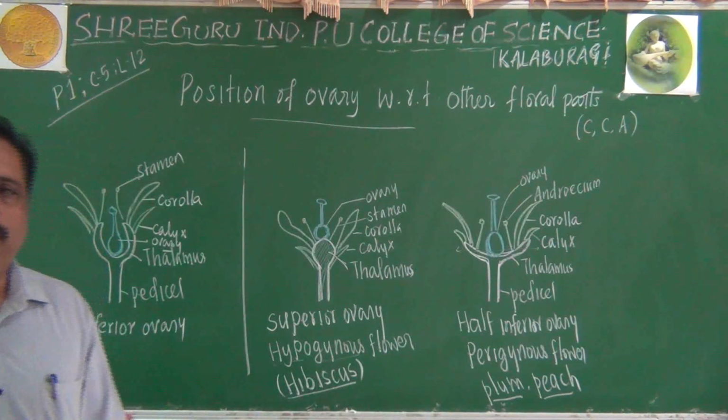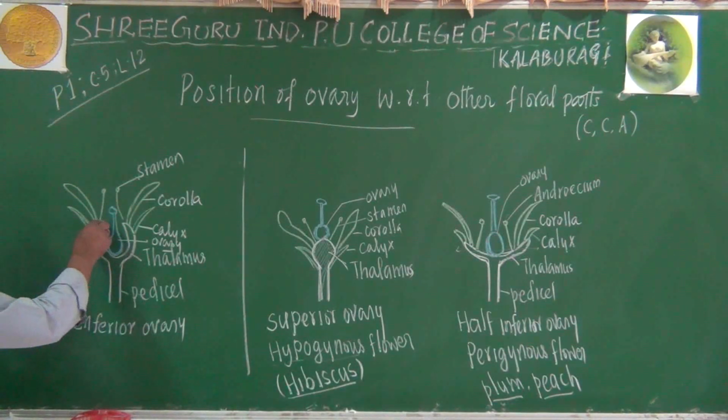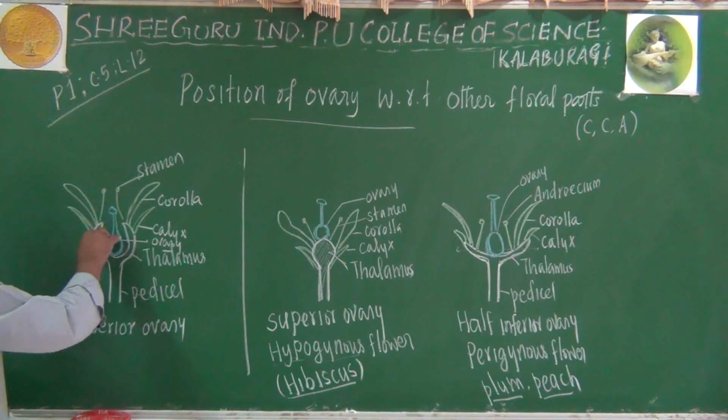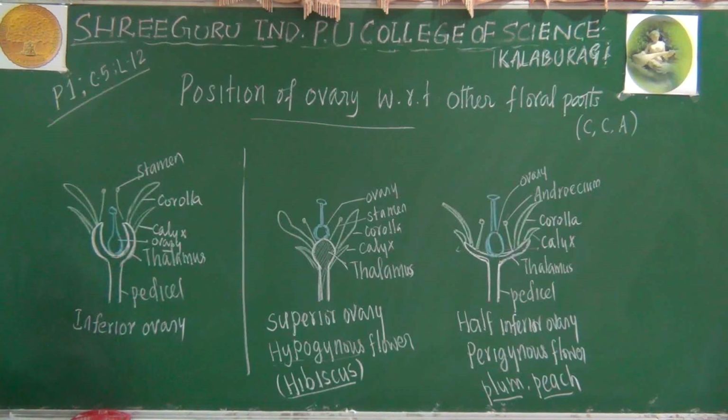Do you get my point? In inferior ovary, what will be the shape of thalamus? Thalamus will become cup shaped. Other floral parts are arranged above. Ovary is present below other floral parts. When the ovary is below the floral parts, it is called inferior ovary.